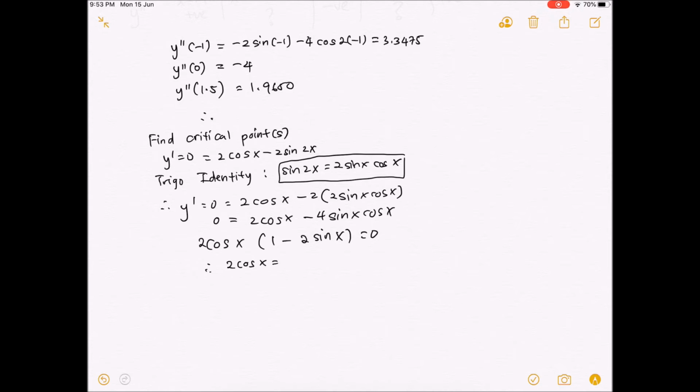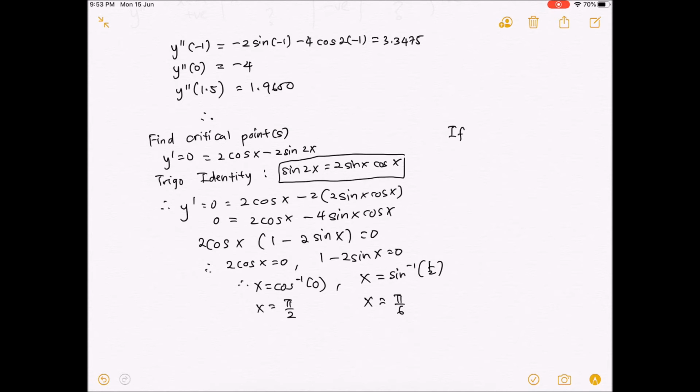Therefore, 2 cos x equals 0 and 1 minus 2 sin x also equals 0. From here I have x equals arc cos 0, and from here x equals arc sine 1 over 2. So just use your calculator. You'll find x equals pi over 2, and this one x equals pi over 6.